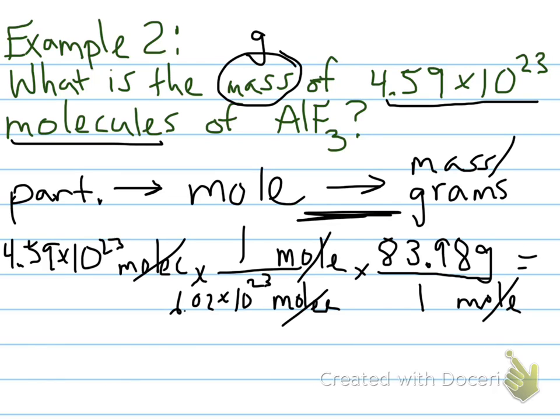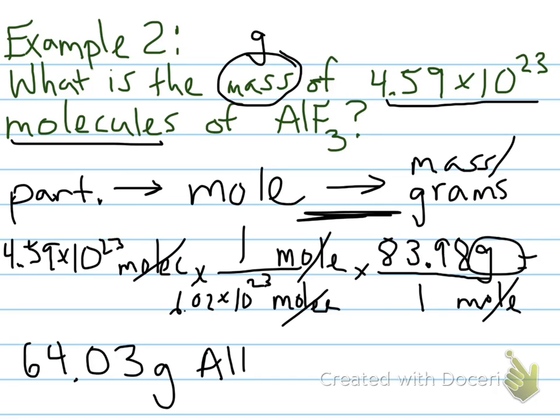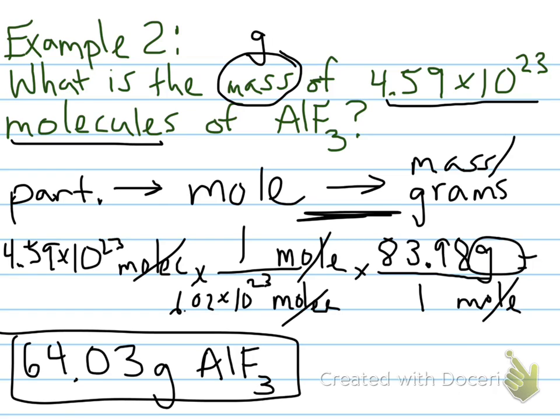You should get 64.03 grams, we're left with grams, of aluminum fluoride as your final answer. So if I had 4.59 times 10 to the 23rd molecules of aluminum fluoride, that would have a mass of 64.03 grams.